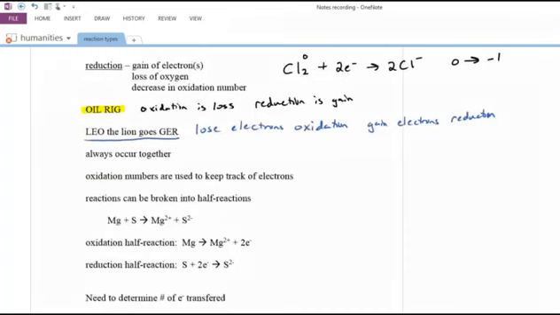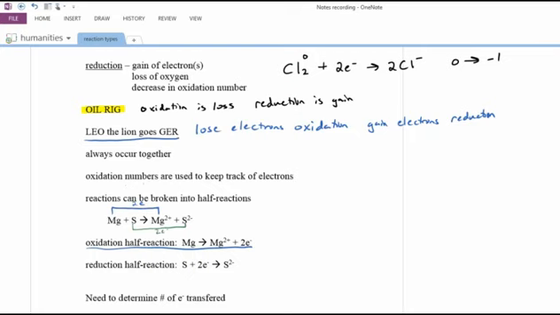So if we look at this reaction, magnesium is going to magnesium 2+, and there are 2 electrons involved. It's the oxidation half reaction. Sulfur is going to sulfide ion with the 2-.